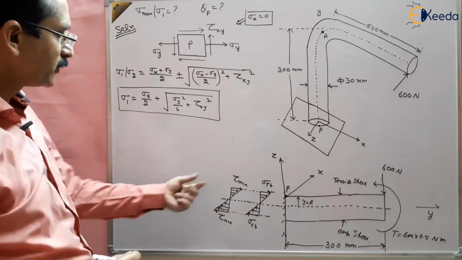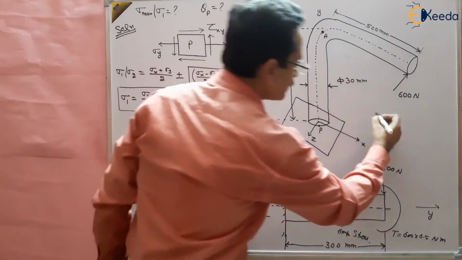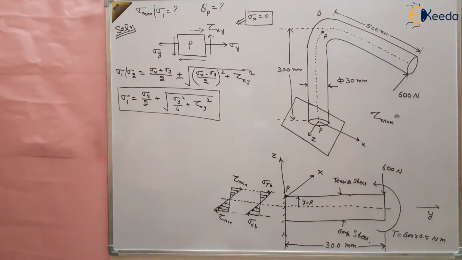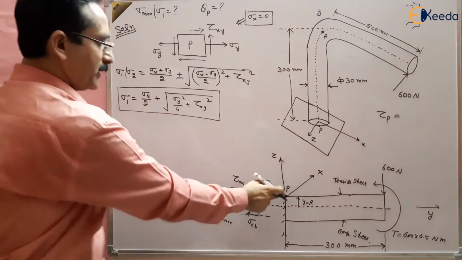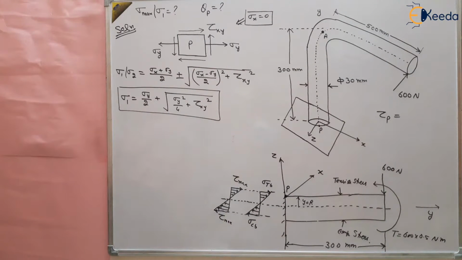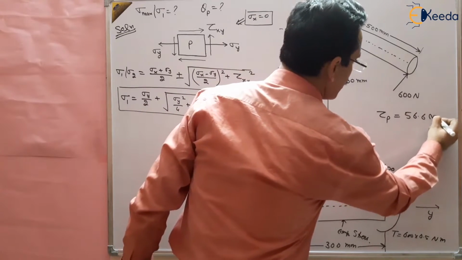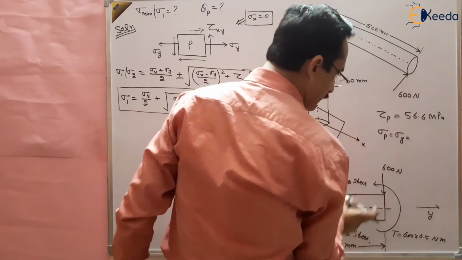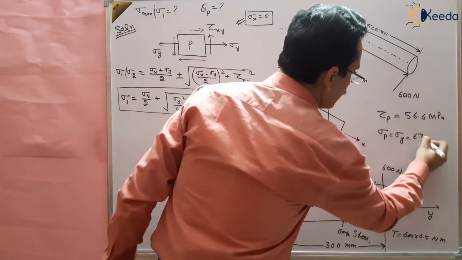In the previous question, we already found tau max and sigma tb, which is sigma y here. Tau at point P, the shear stress at point P, came out to be 56.6 megapascal. The normal stress sigma y, in the y direction, came out to be 67.9 megapascal.